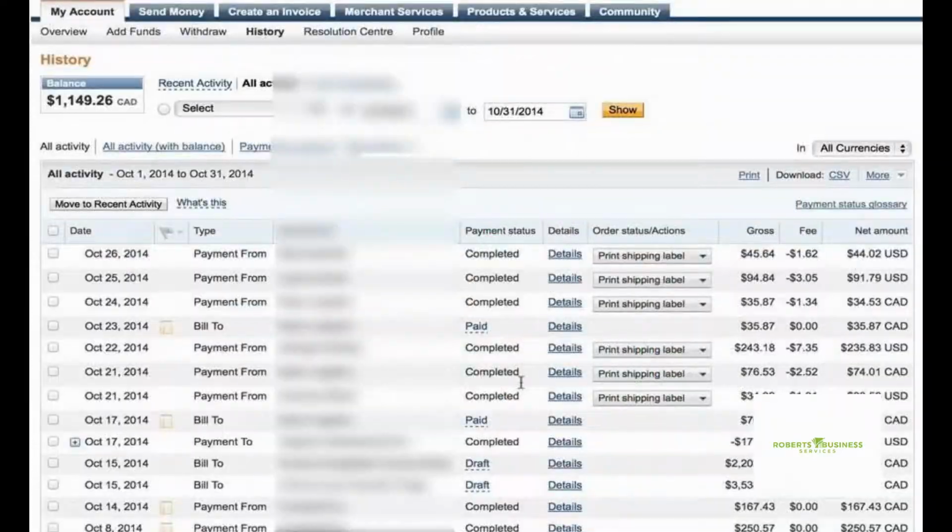Okay, here we see a standard PayPal statement that you find when you are on your PayPal account online. Look at the top one right here, $45.64. That is an amount that you have received from whoever this customer is. Now, the problem with this is there's a fee, leaving you with a net amount of $44.02.